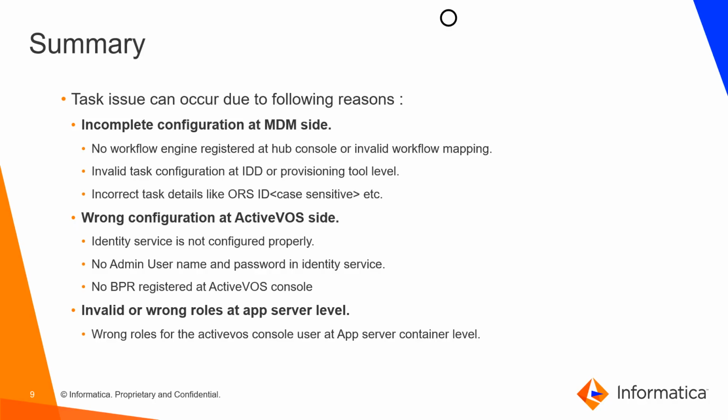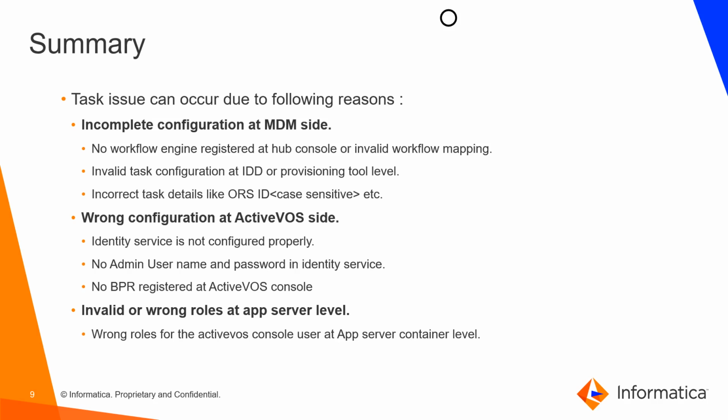To summarize today's session, task issues can occur due to the following reasons. There might be incomplete configuration at the MDM side. The first reason might be no workflow engine registered in the Hub Console, an invalid mapping to the ORS, or a network connection problem where the test connection to the workflow fails.